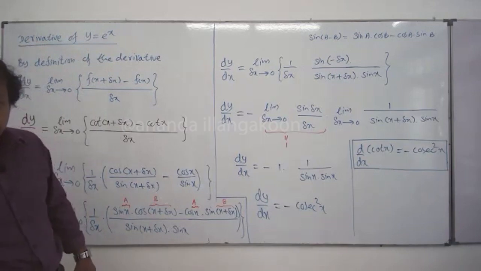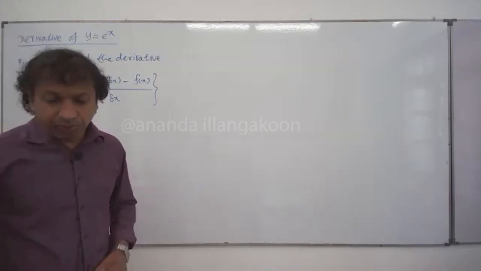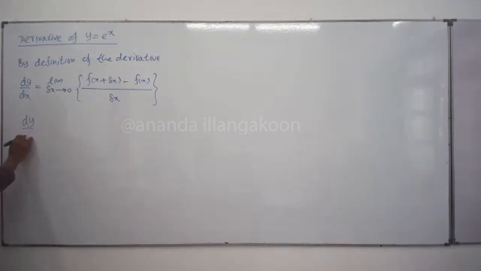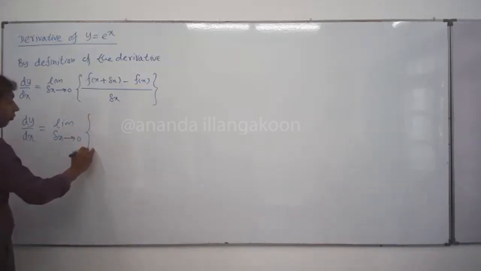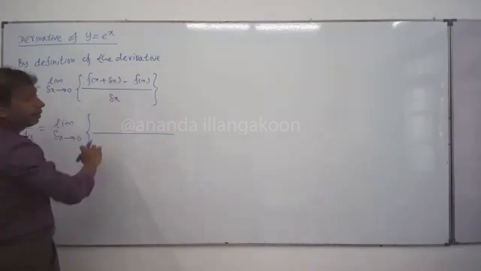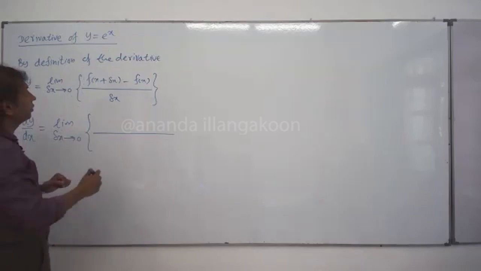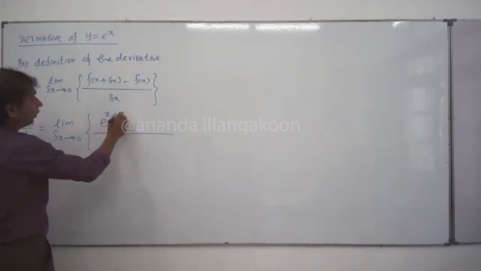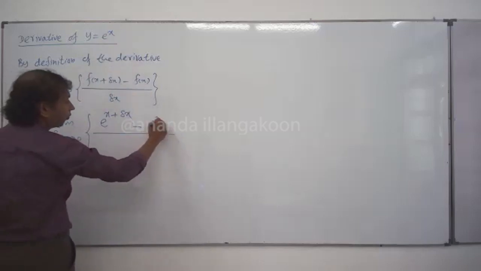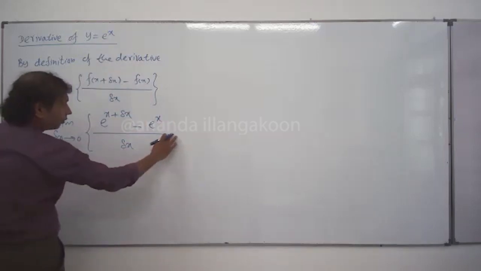Start, people. Take the derivative of e^x. Now people, we will come to that one. The dy by dx we can write applying this definition, limit delta x going to 0. On the right hand side we write for every x, x plus delta x. So this will be e to the power x plus delta x minus f(x), which is again e^x, divided by delta x.